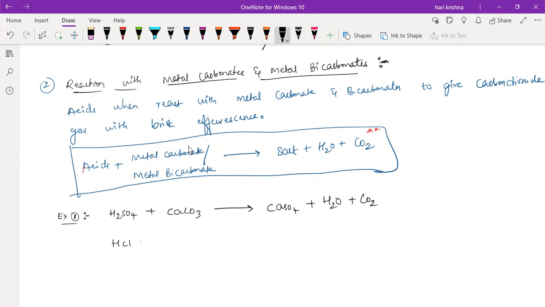Next, shall we take bicarbonate? Now tell me the answer. Balaji, give the answer. Whenever HCl reacts with NaHCO3, what products will be formed? Only Balaji has to give the answer.